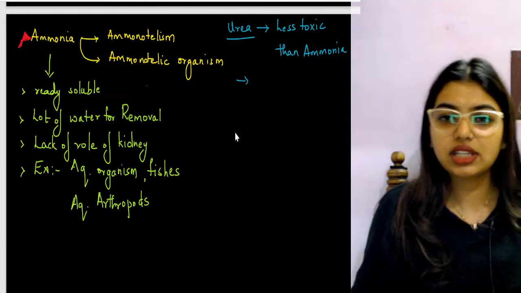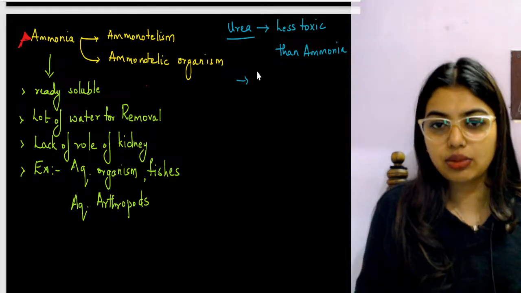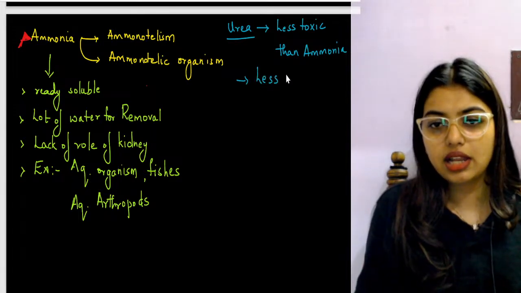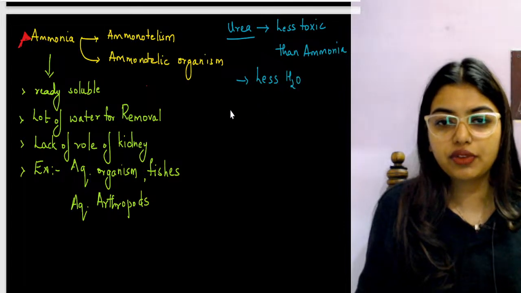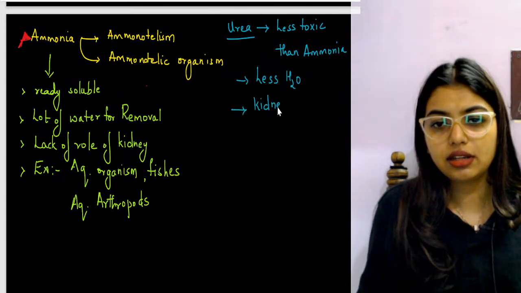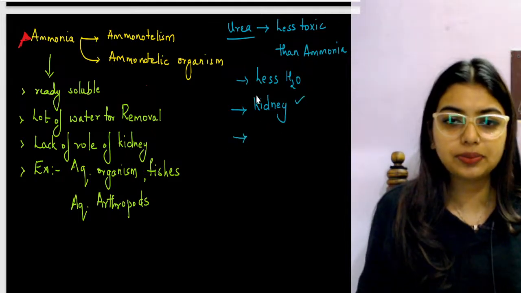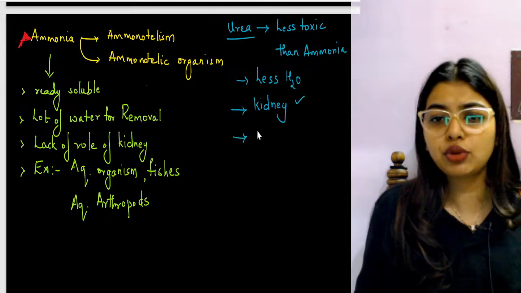So less toxic than ammonia. This is also soluble in water, and it requires less water. The kidney has a role, the kidney's function is there. Next, which organisms are going to have it?